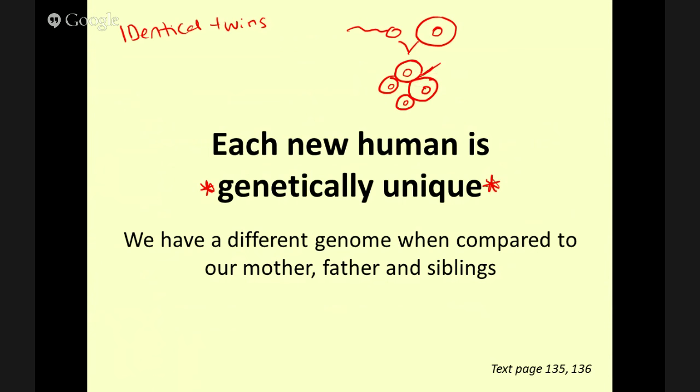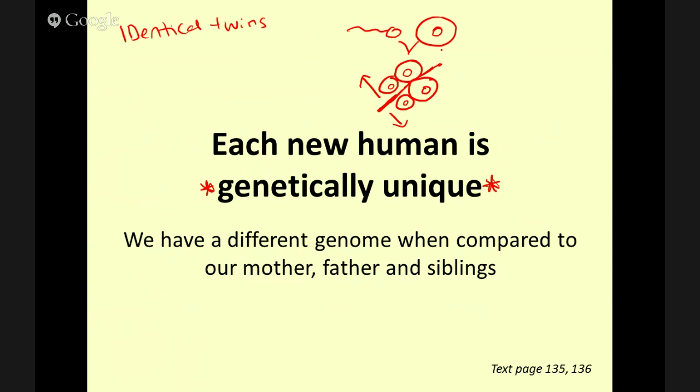In the very early stages of embryo development, the embryo splits and it becomes two separate individuals. So identical twins were made with the same genetic information from the same sperm and the same egg, and they both came from the same zygote. So those two do actually have matching DNA.